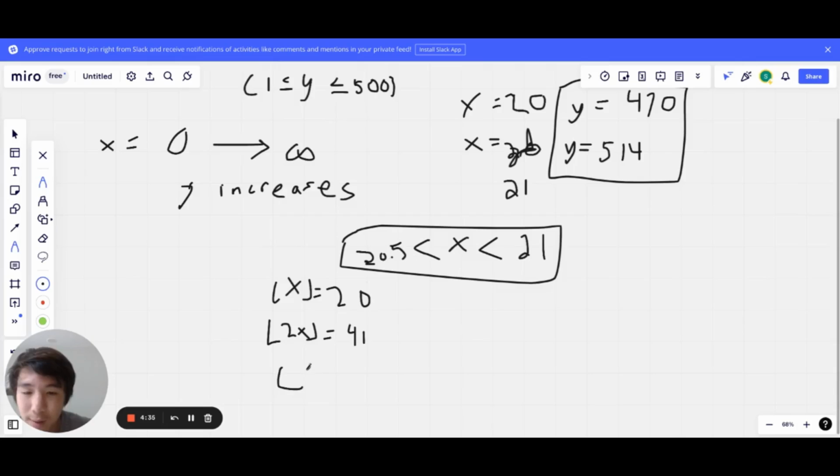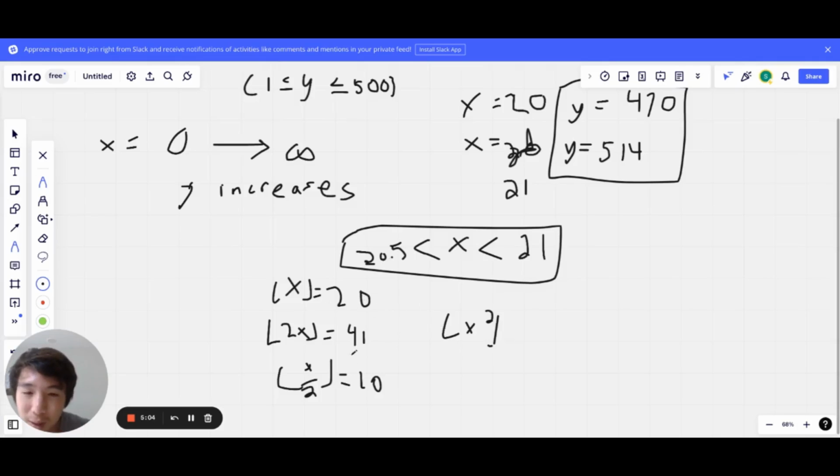Floor of x over 2 is equal to 10. And floor of x squared, we don't really know what it is yet, but we can find it, since reasonably now we can infer that there is a possible x such that this sum y is equal to 500.